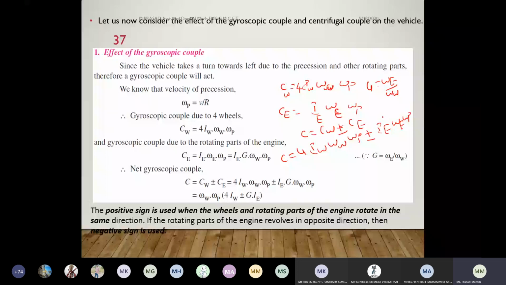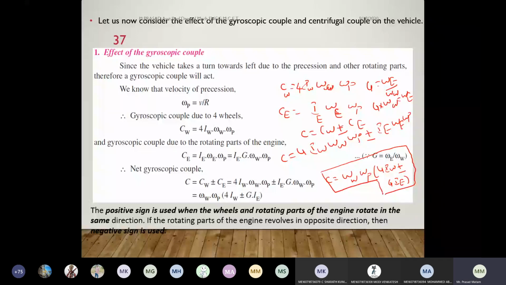Now you can see the net gyroscopic couple here. C is equal to CW plus or minus CE, which is given as 4 IW omega W into omega P plus or minus IE into G omega W into omega P. Omega E is nothing but G into omega W, so they have substituted that instead of omega E. Taking the common omega W and omega P outside, you get the total equation: C is equal to the angular velocity of the wheel multiplied by the precession velocity into 4 times the moment of inertia of the wheel plus or minus G into IE.